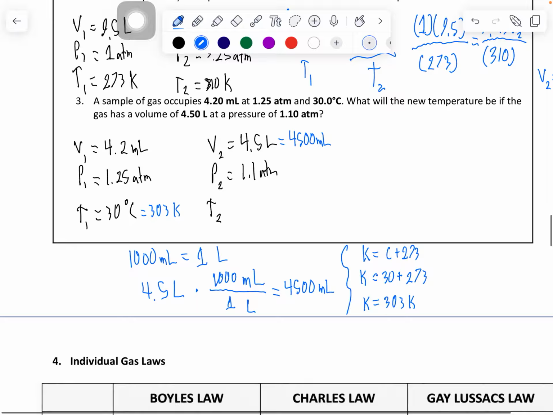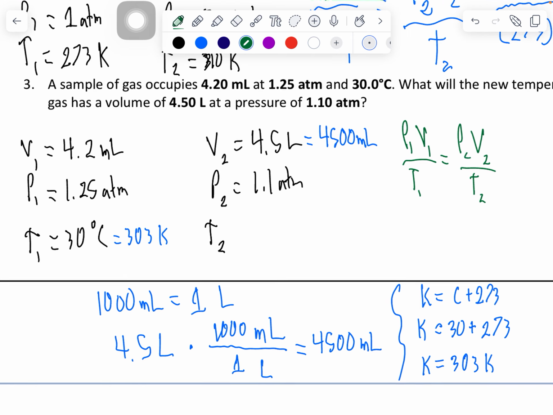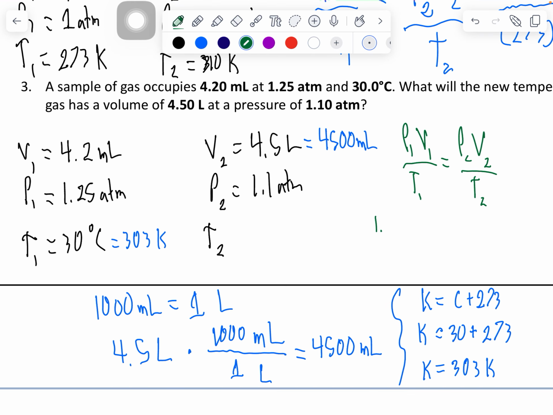Now, all our units match up. Everything is as it should be. We can plug in to our equation. P1 V1 over T1 equals P2 V2 over T2. You go ahead, substitute in. Our P1 value is 1.25.